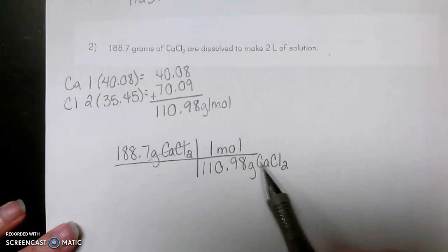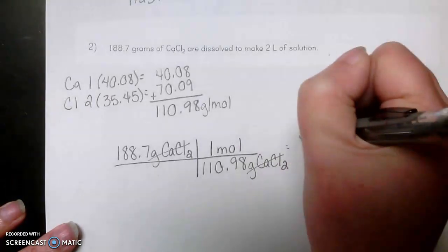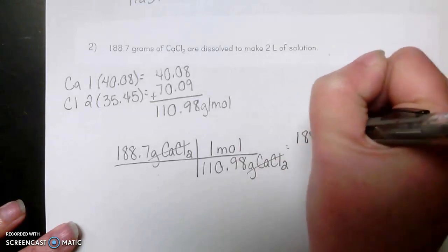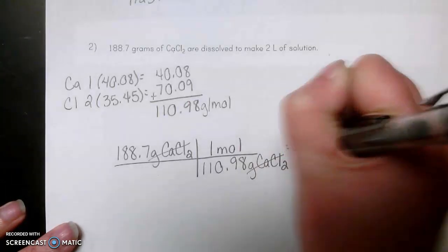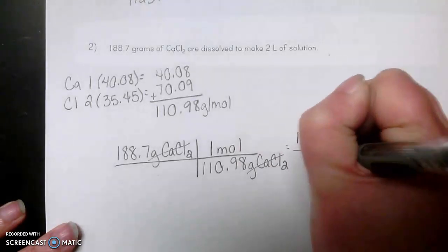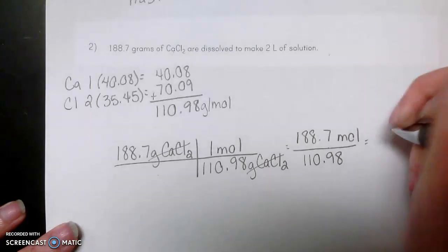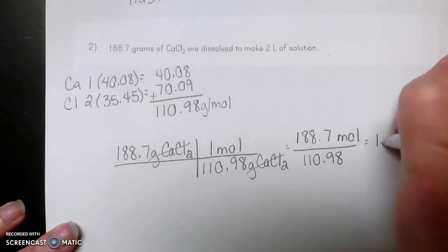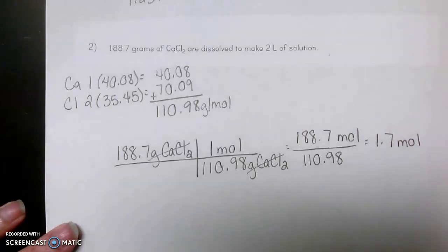So this cancels out. You end up with 188.7 moles divided by 110.98, which equals 1.7 moles of calcium chloride.